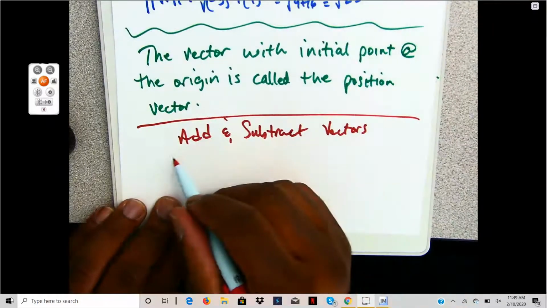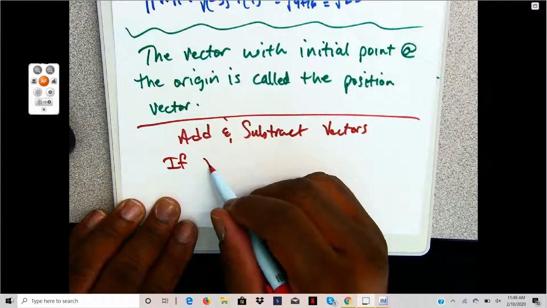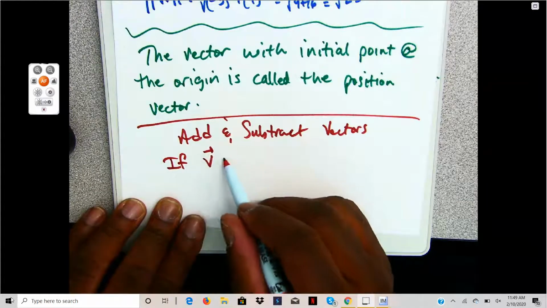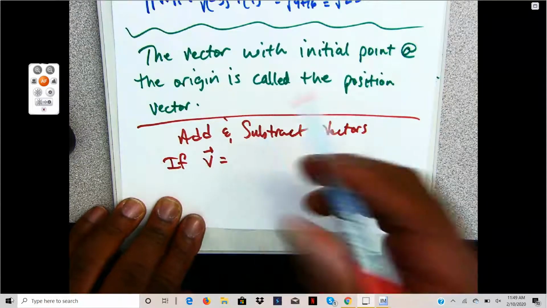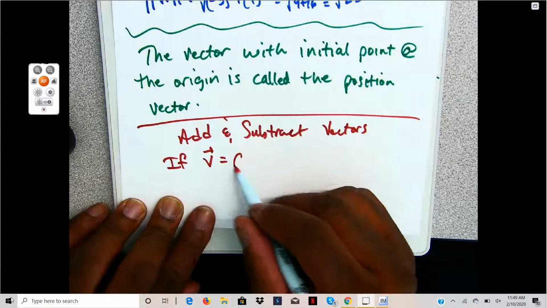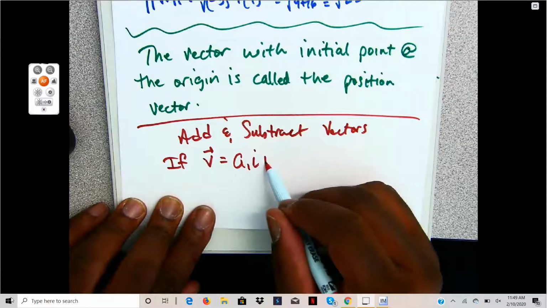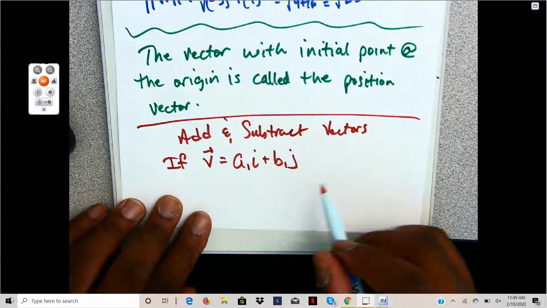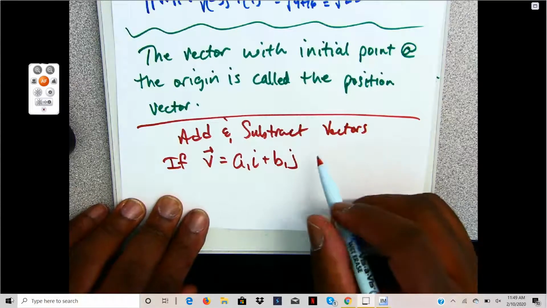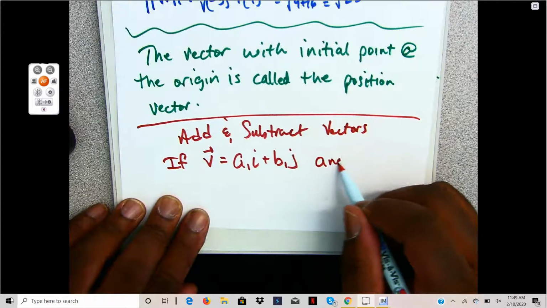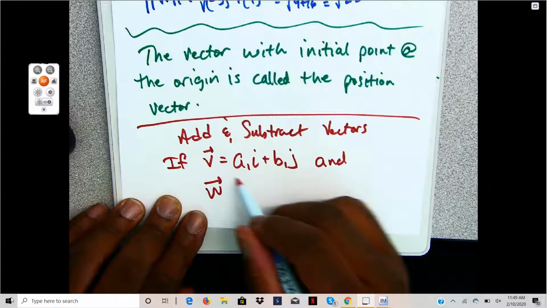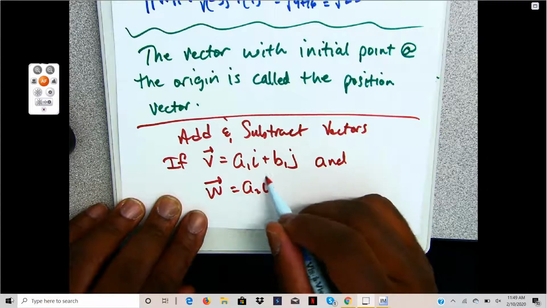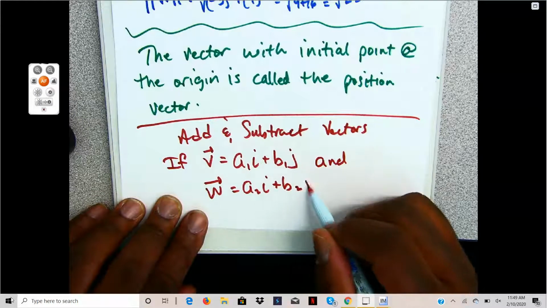Okay, so let's say we have vector v, and that's going to equal a1i plus b1j, and then we have a vector w, which is equal to a2i plus b2j.